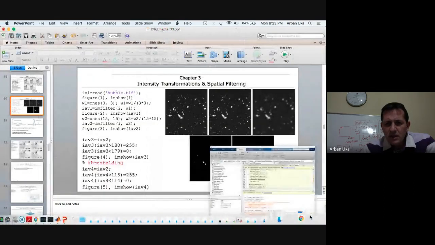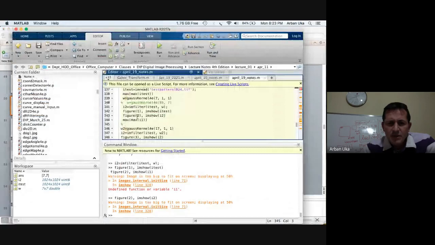values. And regarding this, imagine for a moment we have figure 1 and figure 2. We can also try to see what we observe. So let's say here we have figure 3, imshow of I test minus I2.